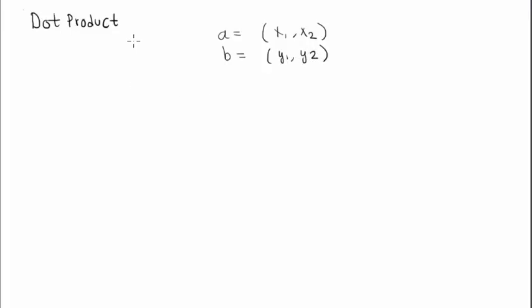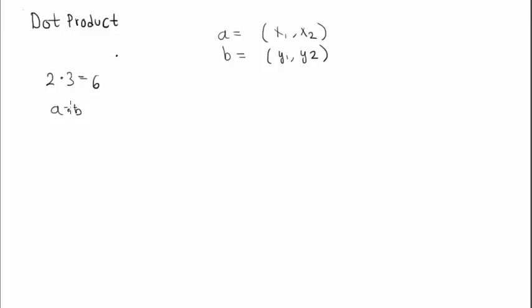Now, dot product is symbolized by a little dot in the middle, kind of like multiplication. So when you have 2 times 3, you do 2 times 3, which is just 6. But what about if I say, what is A times B? Well, I can't really multiply this, right?